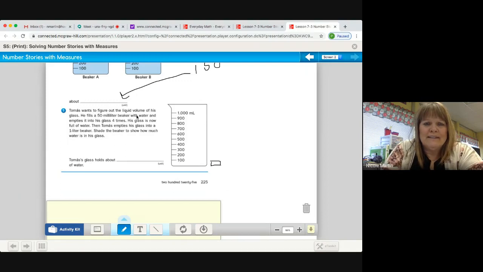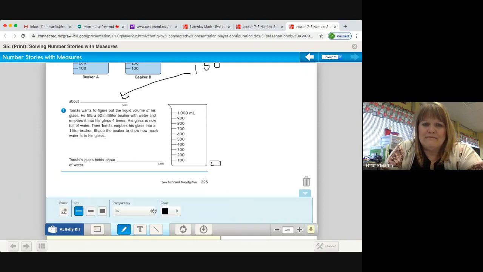He's filling this beaker with water, and he empties it into a glass 4 times. I can't write the 4 there. Let's see this here. He's doing this 4 times.